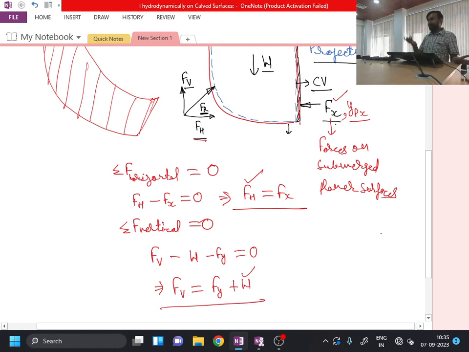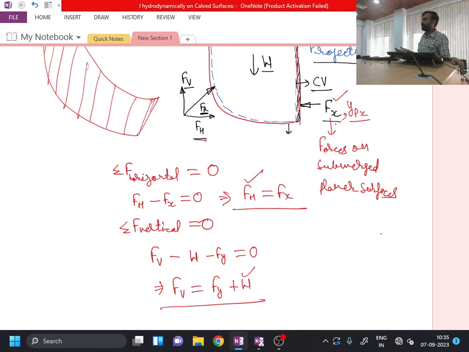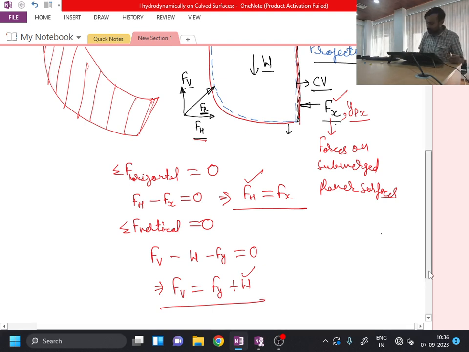W, the weight, is very easy to determine. We have to just determine the volume of this particular control volume, and multiply it with the density of the liquid and the gravitational field. To determine Fy is also very easy.